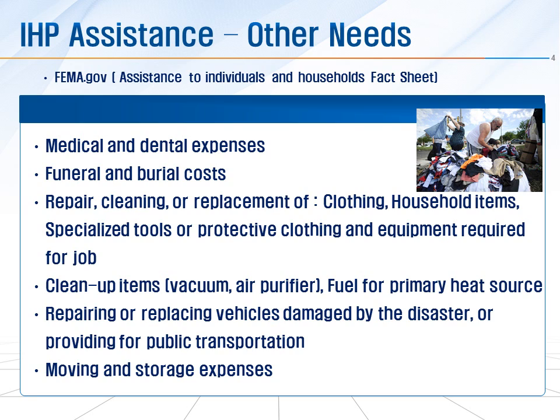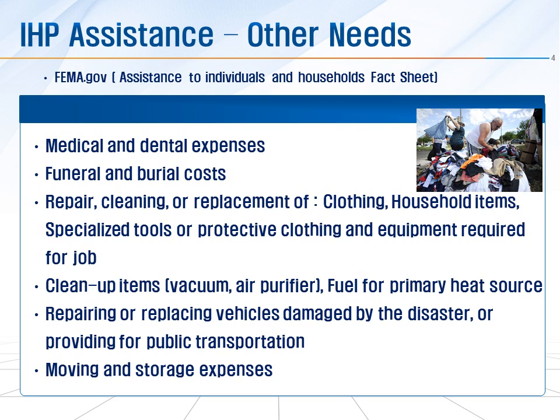Next, IHP assistance for other needs. The Other Needs Assistance provision of the Individuals and Households Program provides grants for uninsured, disaster-related necessary expenses and serious needs.